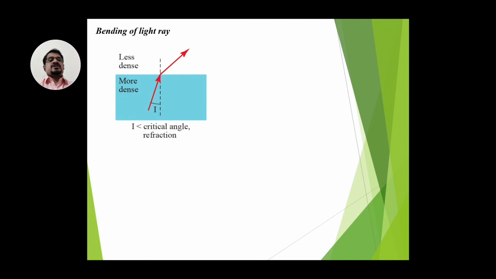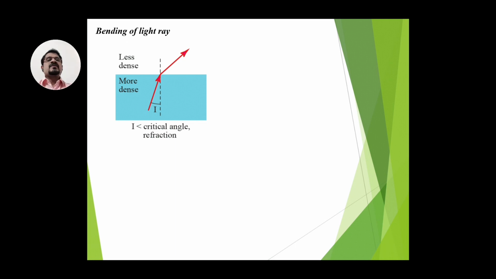Now let us see how the light ray is going to bend. First, there are two important things we need to consider from physics: the incident angle and the critical angle. Based on the incident and critical angles, the light is either refracted or reflected. Here there is a more dense medium in the center and a less dense medium on the outer side.